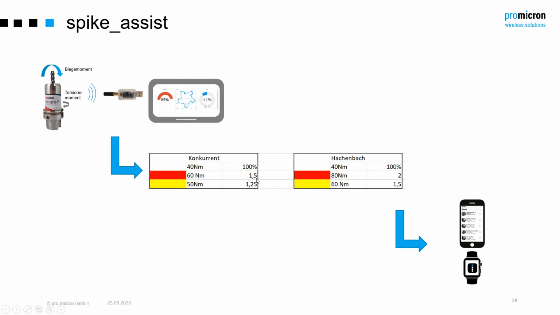That means put in the 25 or the 50% with this information from the machine, from the tool manufacturer, or use the same kind of information from the Hachenbach tool, and you can support now your machinist for tool lifetime for a tool change by monitoring the process load with the Spike app and the Spike Assist solution.